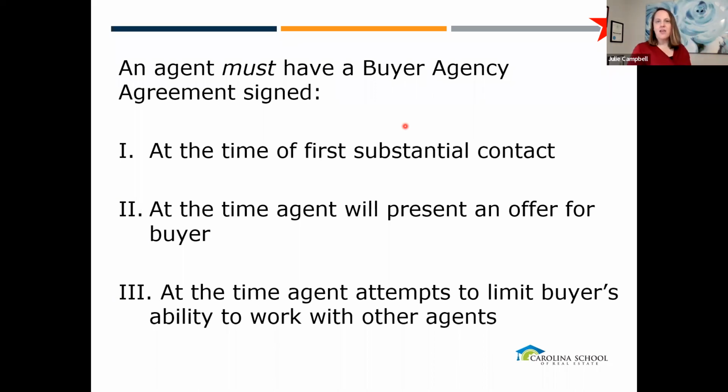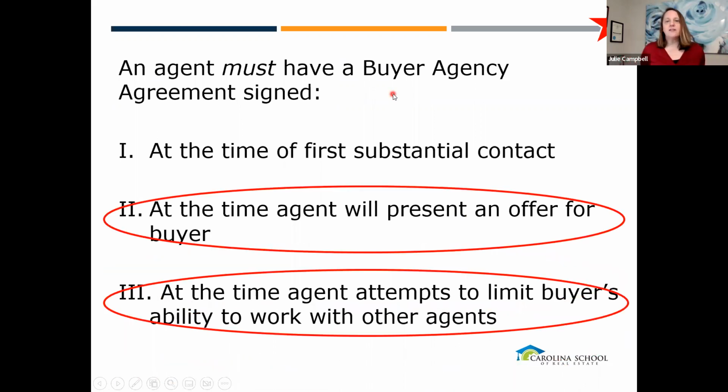Okay. An agent must have a buyer agency agreement signed before I'm ready to present an offer on your behalf. And if I attempt to limit your ability to work with other agents, I cannot demand exclusivity in an oral agreement. Please note, time of first substantial contact is when I have to do my disclosure.